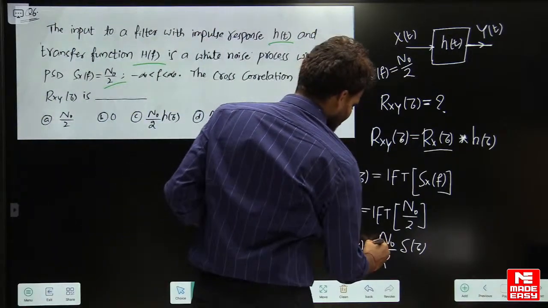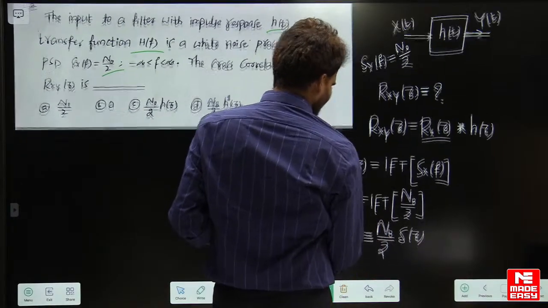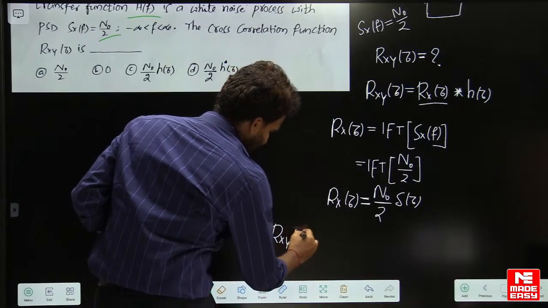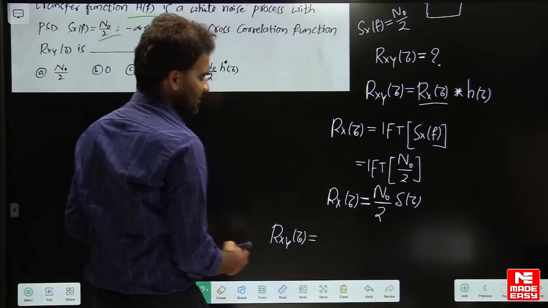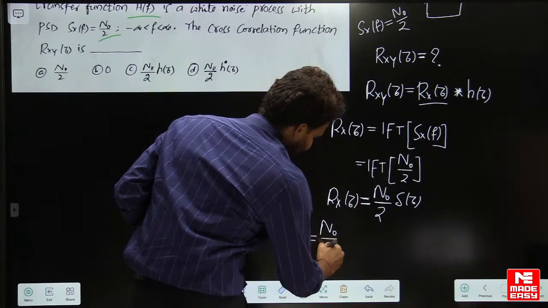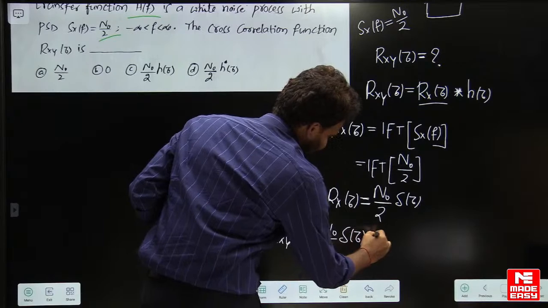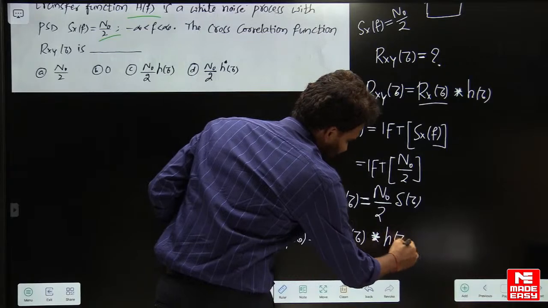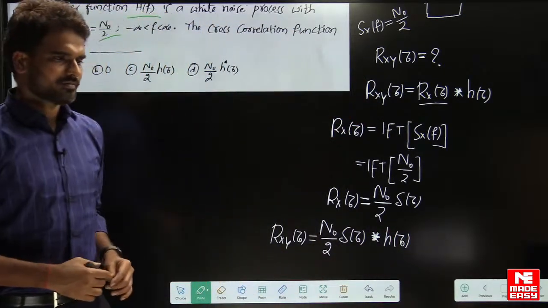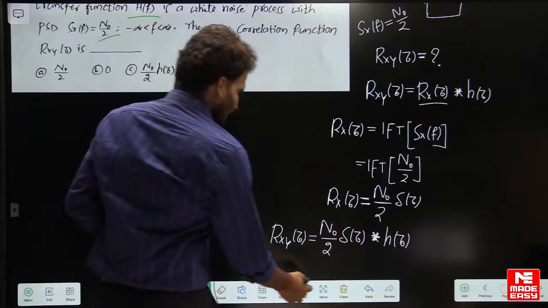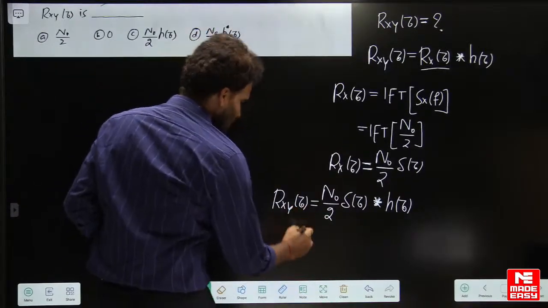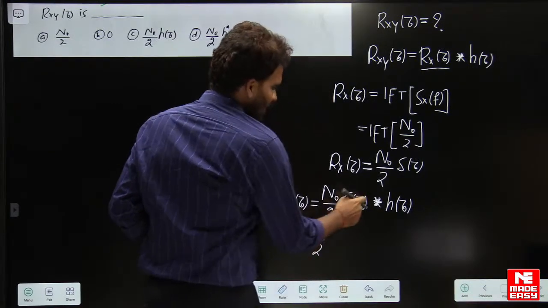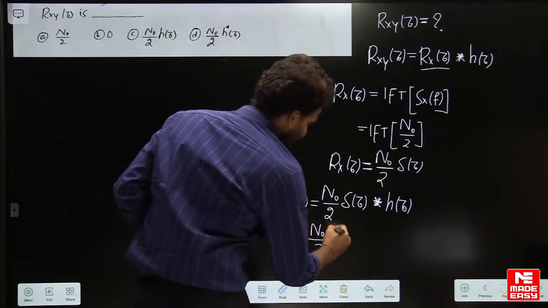Now Rxy tau is equal to Rx tau convolved with H tau. n0 by 2 is just a constant you can write outside. n0 by 2 del tau convolved with H tau will be n0 by 2 times H of tau only.